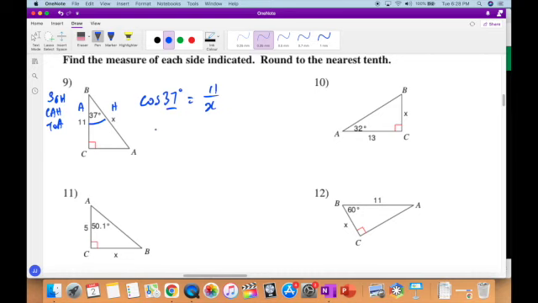I'm going to carry the x over, so it'll be x cos 37 equals 11. And then I'll bring the cos 37 over, so x is equal to 11 divided by cos 37, which is 11 divided by cos of 37 to the nearest tenth. So this is 13.7. You all got that?